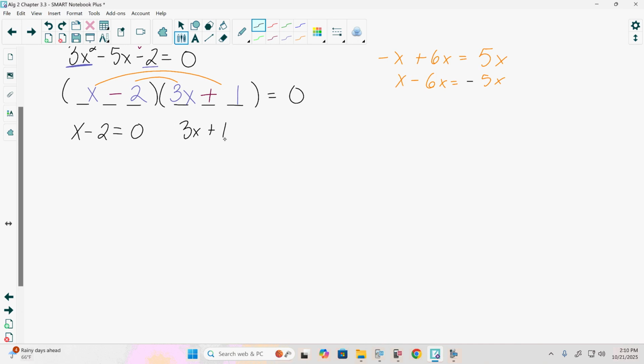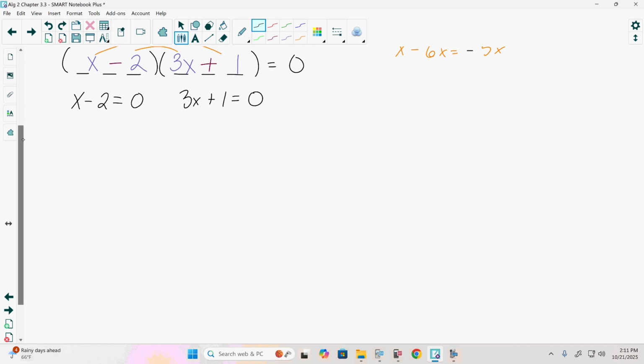Now, the reason we went about factoring is we wanted to get 2 or more things multiplied together to equal 0. Now, we're going to set each of these expressions that has a variable equal to 0. So we'd set x minus 2 equal to 0, and 3x plus 1 equal to 0, and we're going to solve. With x minus 2, we can add 2 to both sides, telling us x is equal to 2.